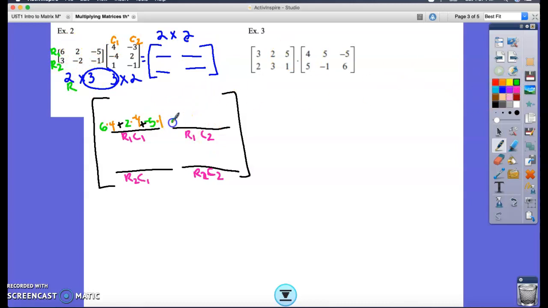So I'm going to reuse that 6 and that 2 and that -5. But now I'm using C2. C2 is going to be times -3, times 2, and times -1. And in between them I put adding.